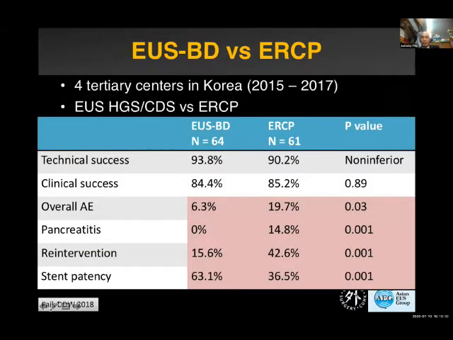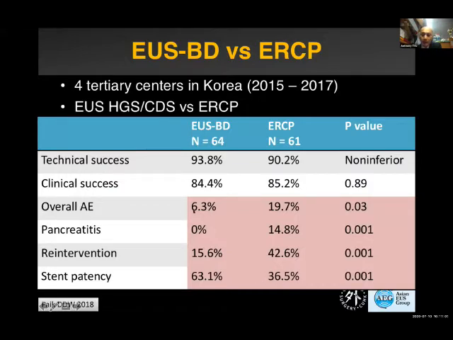This study published by Asan Medical Center, involving 4 tertiary centers in Korea, compared primary EUS-BD versus ERCP. They showed that the technical success is similar, but the overall adverse event rate is significantly less in the EUS-BD group. Reintervention rate is 15% versus 42%, and the stent patency was 63% versus 36%.